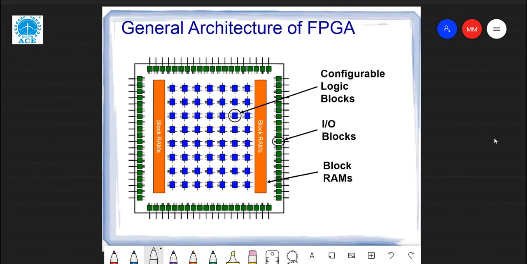We'll just go through it. So here it is. This is the complete architecture of the FPGA, the basic one.